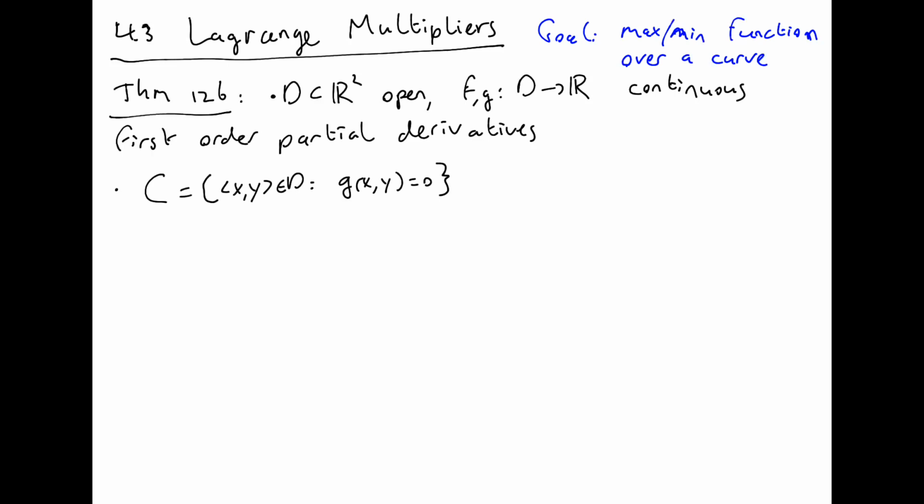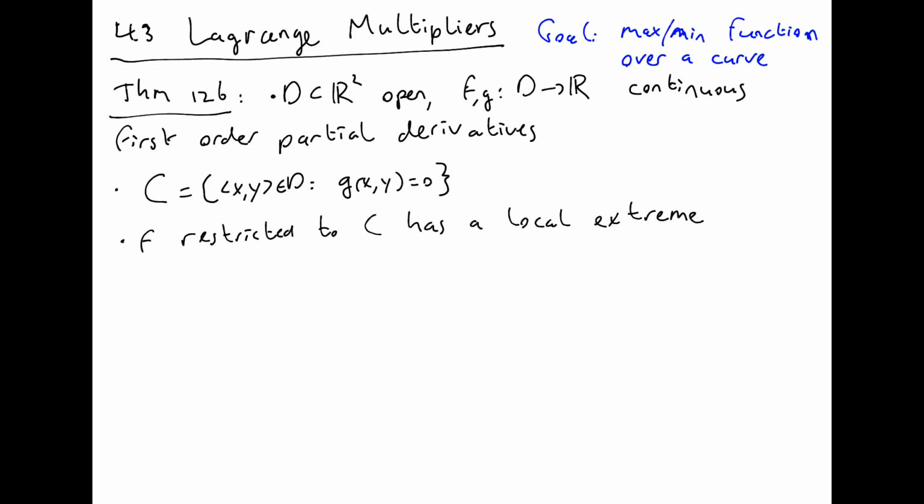So I want to say maximize my function f over the curve g. Well, we've already seen for that we want to find the extremes. And this theorem is going to help us by finding the extreme points. So we're going to assume that f restricted to C has a local extreme, so either local minimum or local maximum.